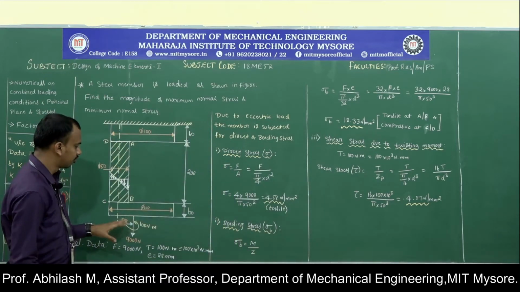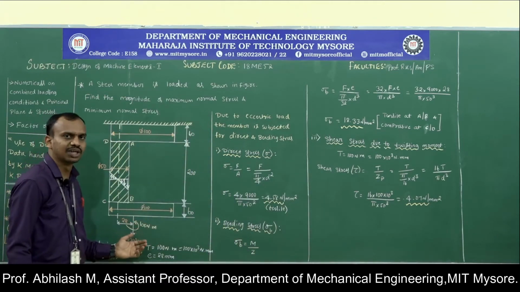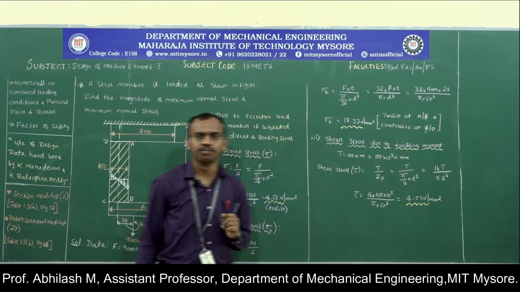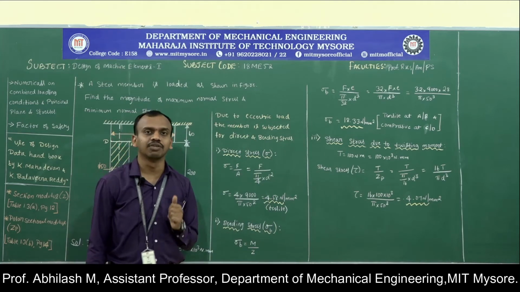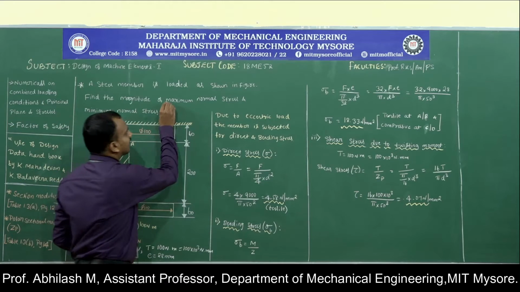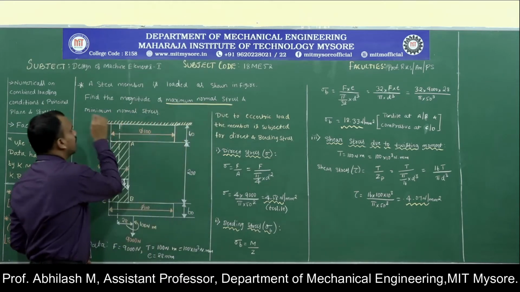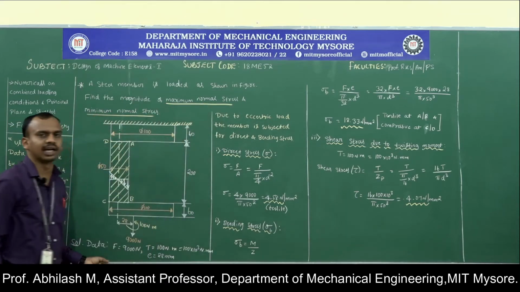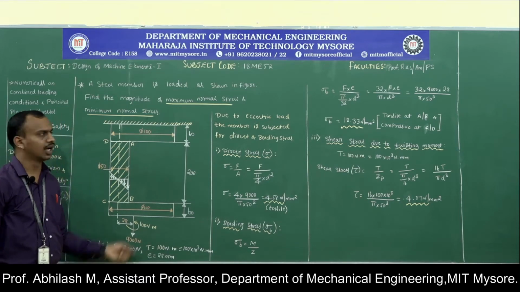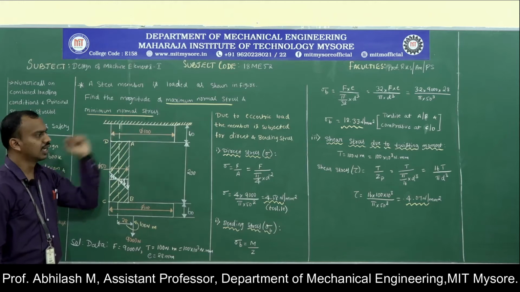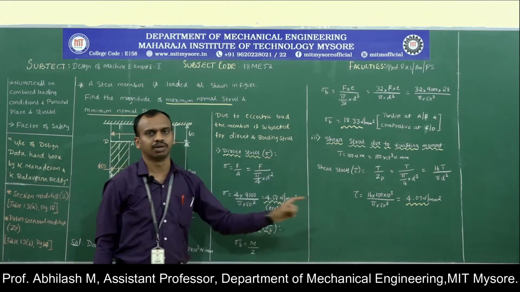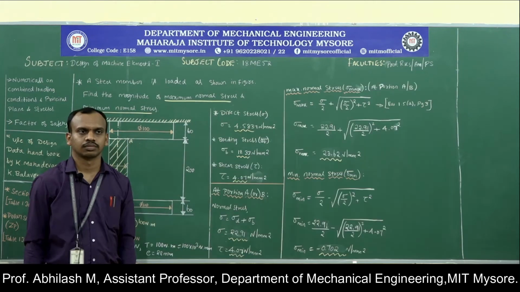Now, because of the given eccentric load and the twisting moment, we have identified the types of stresses developed in the machine member. What is the given problem? The given problem is to identify the maximum normal stress and the minimum normal stress acting in the given steel member. Now we will see how to identify the maximum and minimum normal stress using the stresses developed on the machine member.